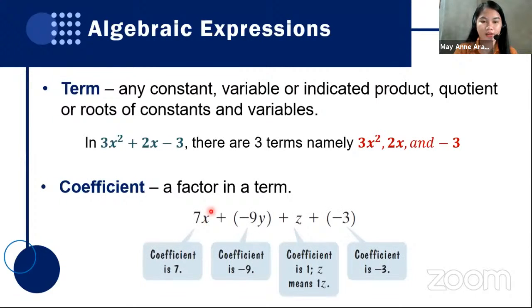For 7x, the coefficient of x is 7. For negative 9y, the coefficient is negative 9. For z, we don't write the 1, so the coefficient of z here is 1. And for negative 3, there is no coefficient since this is a constant.